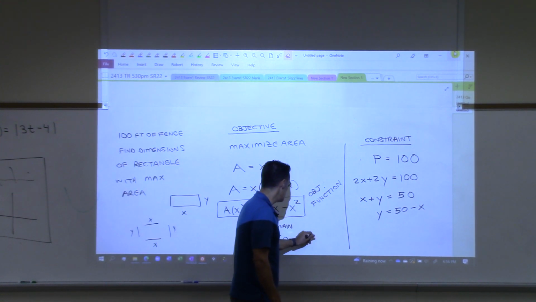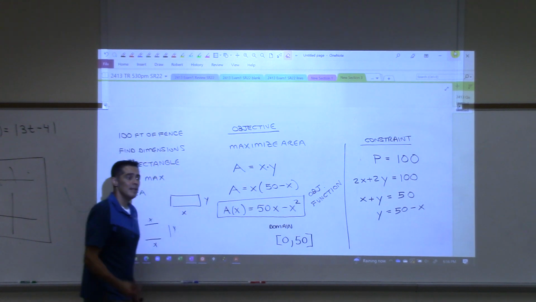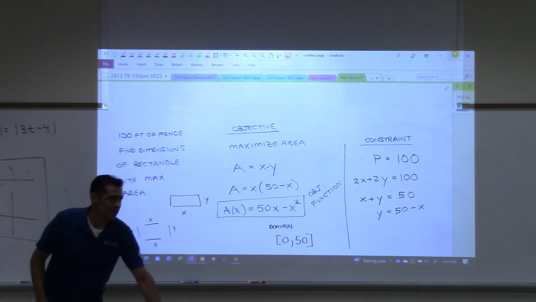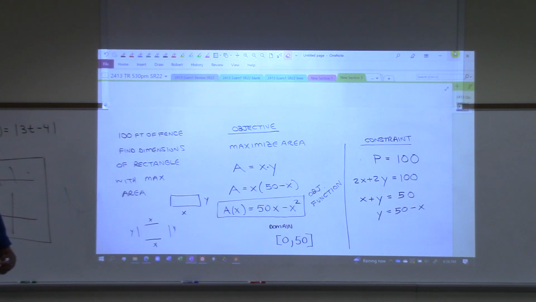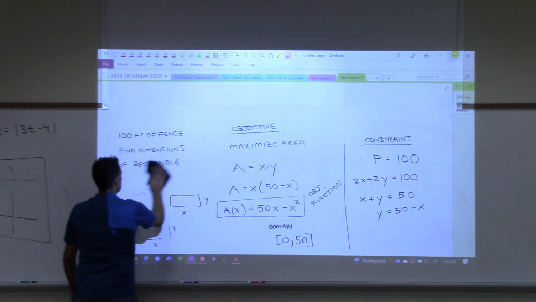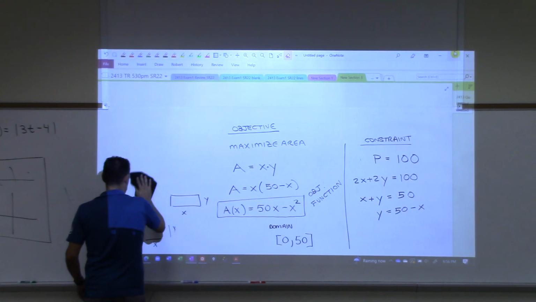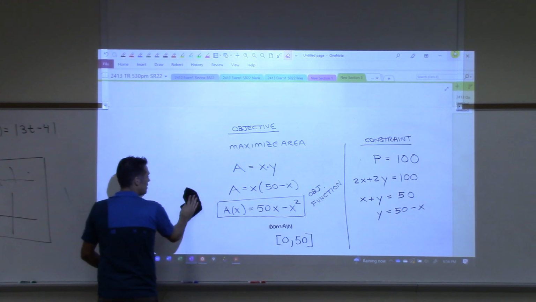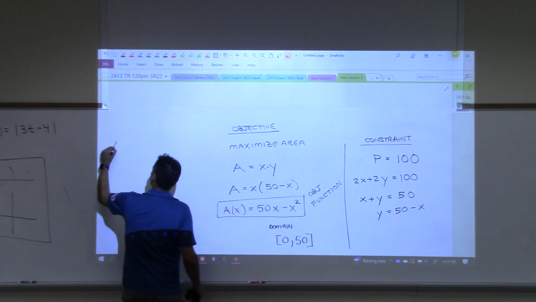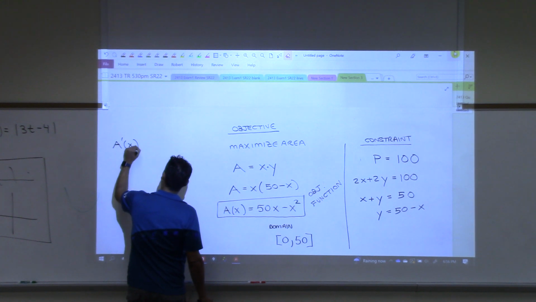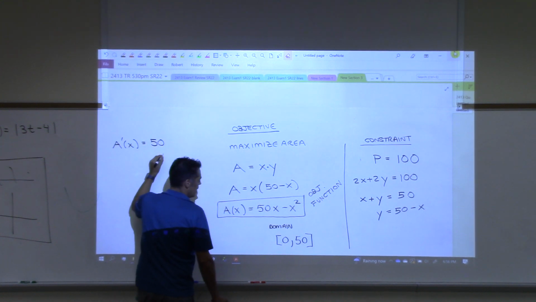Hey, that's a closed interval, isn't it? That's a closed interval. And since it's a closed interval, I'm going to use the closed interval method to find the global maximum of this. Understand? So let's do it. You remember the closed interval method? We take the derivative, don't we? Take the derivative. That's an easy derivative. 50 minus 2x.